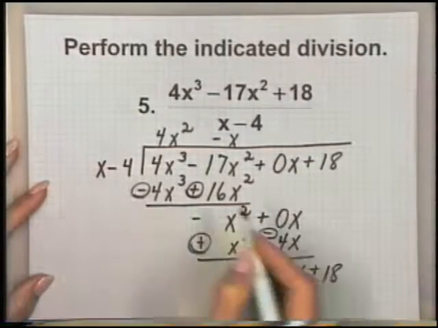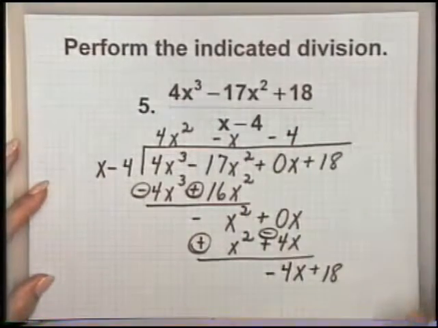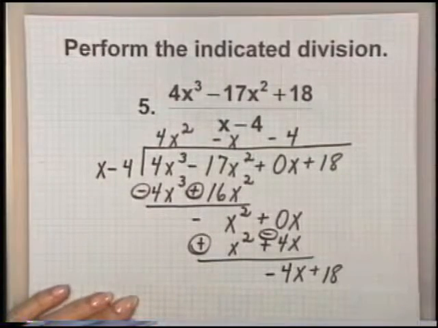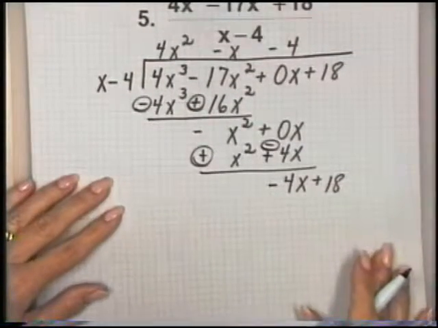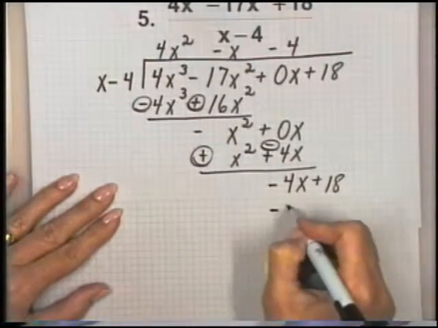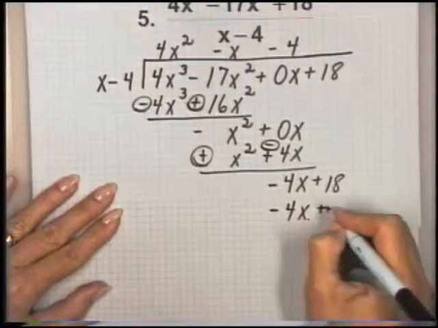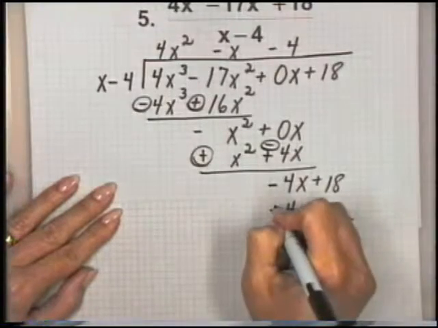Now, let's repeat our steps. Let's divide x into minus 4x. It goes minus 4 times. Let's multiply. Minus 4 times x will give us minus 4x. Minus 4 times minus 4 will give us a positive 16.